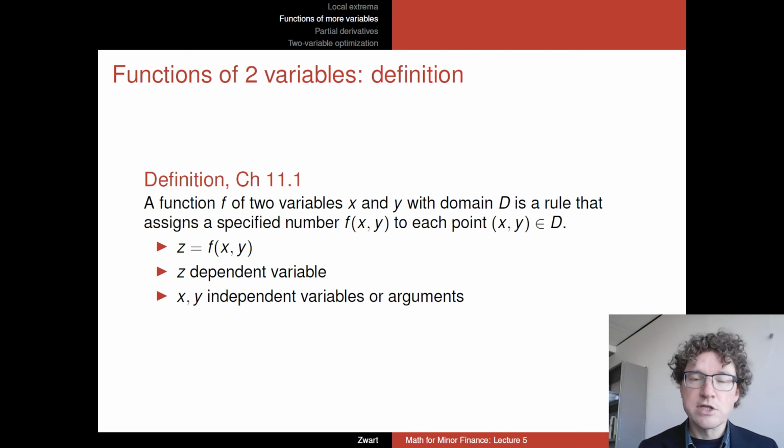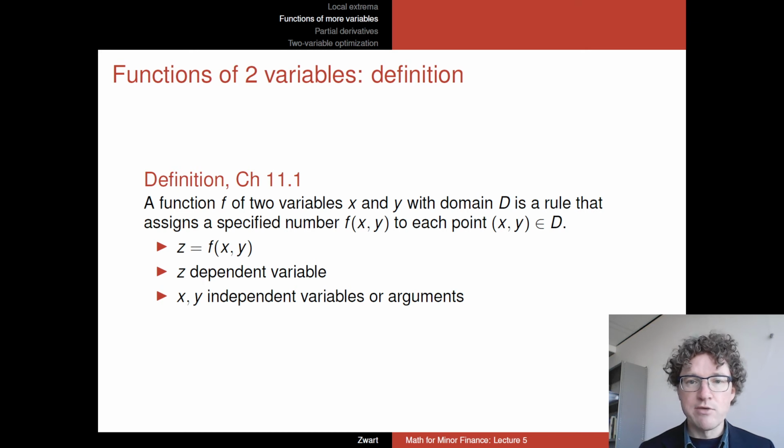So what is a function of many variables? Well, let's look at a function of two variables first. So a function which has two variables, an x and a y, and it will also have some domain. Domain will be the set of values x and y, of course, that you can input in this function.